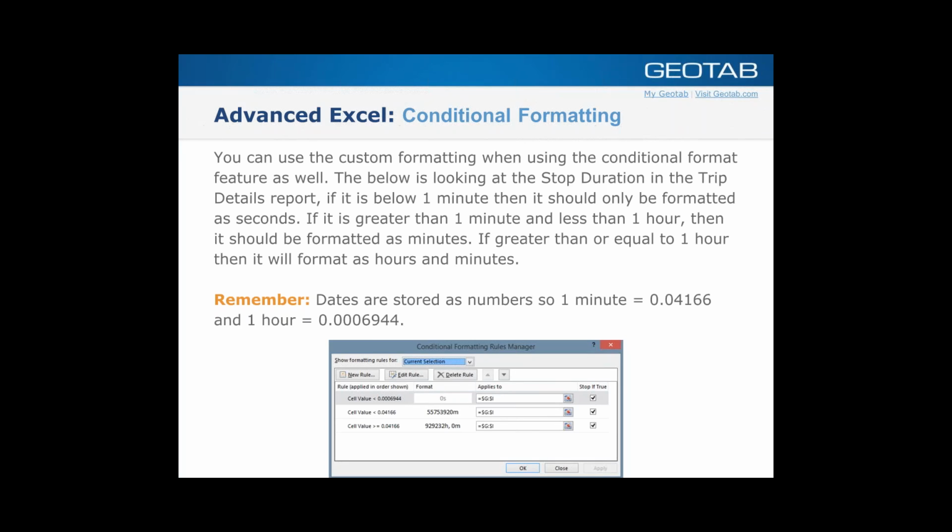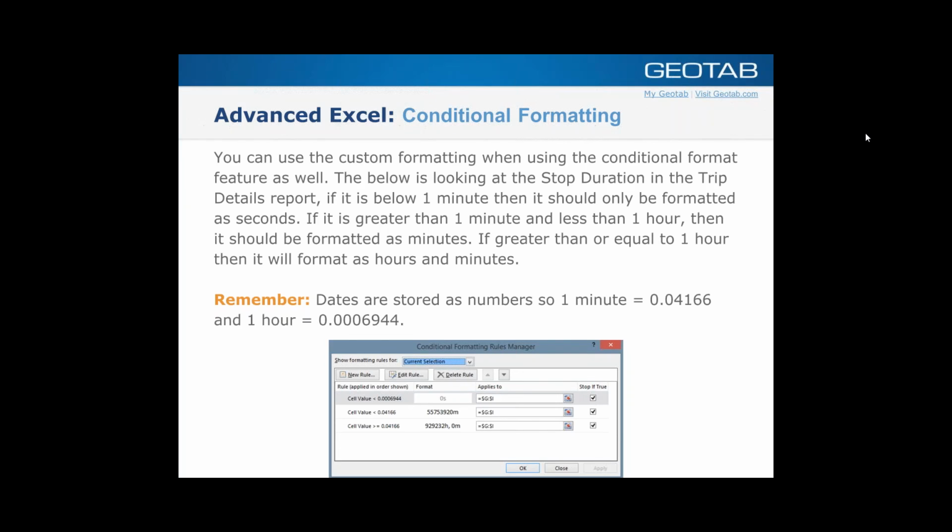So we can do this all with conditional formatting, which is pretty cool. Because the dates are stored as numbers, we know that 1 minute is equal to 0.04166, and 1 hour is 0.0006944. And you can see in the example here what it actually looks like.